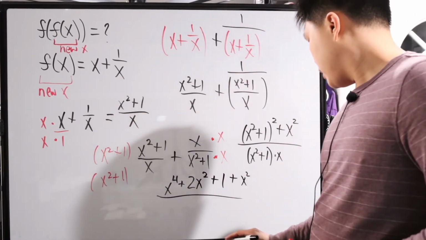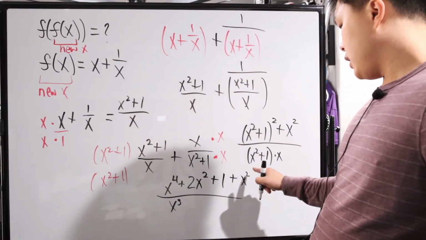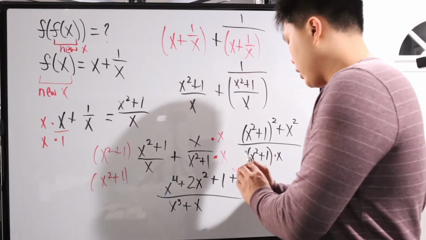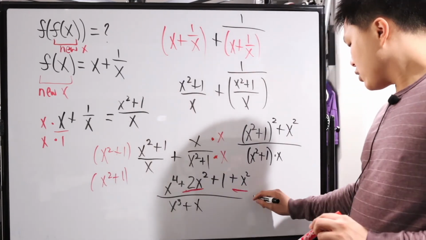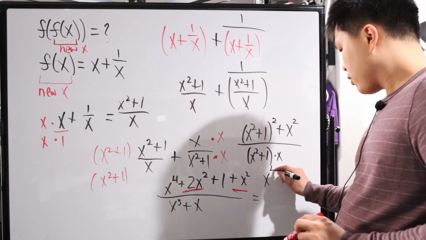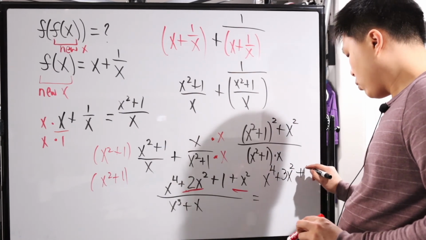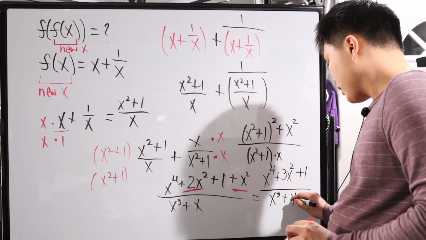Bottom is going to be x to the third power, because you're multiplying this into the parentheses, plus x. And then you can combine this guy right here and this guy right here. So that's just going to be x to the fourth plus 3x squared plus 1 over x cubed plus x.